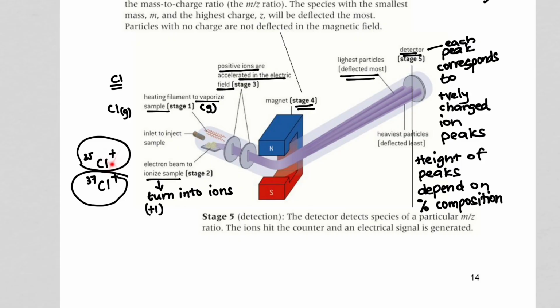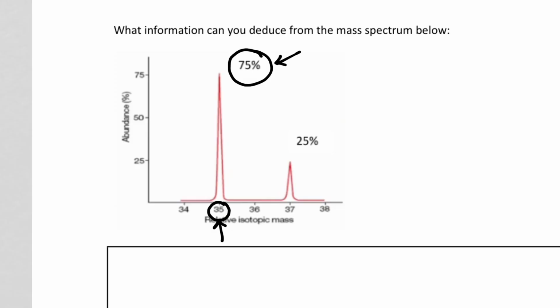So this gives 1 peak, this gives 1 peak. The height of the peaks depends on the composition. So this is obtained at 75%, and then this one is obtained at 25%. So the height of the peak corresponds to the percentage composition, how much there is.